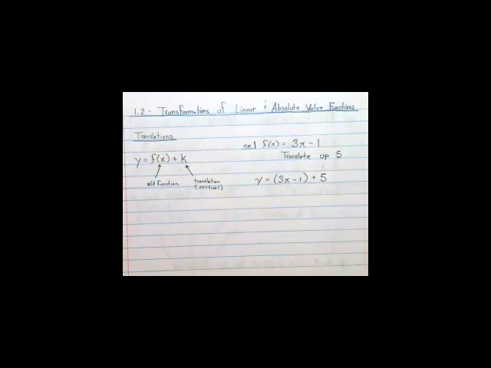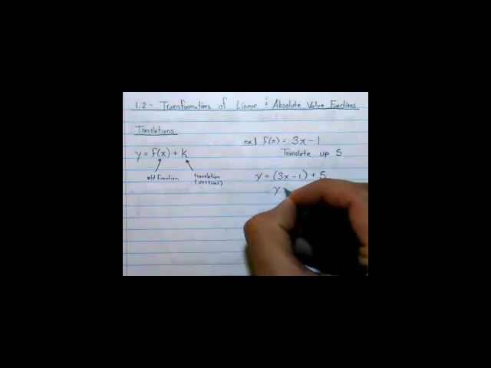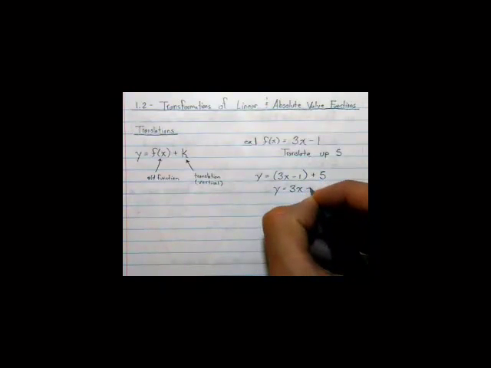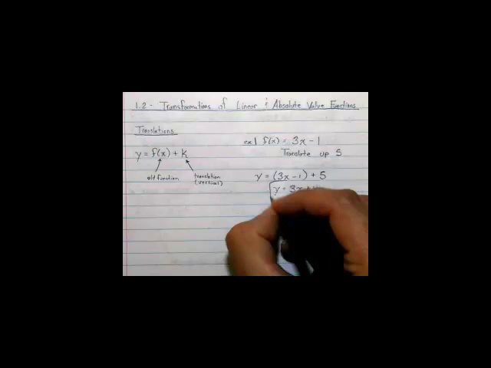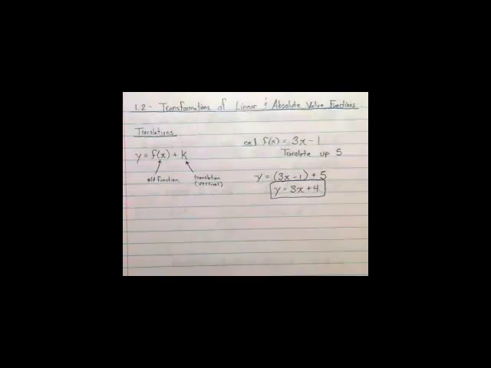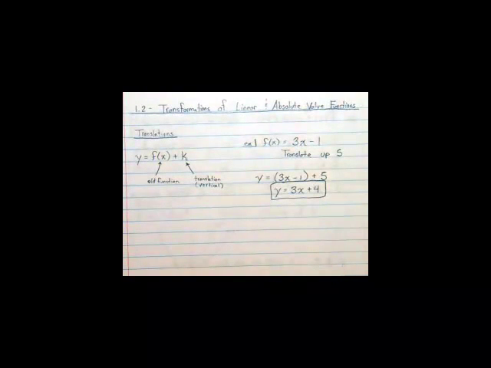And then, from there, there's a little algebra involved. I just got to simplify that equation now. Okay? So if I have 3x minus 1 plus 5, what do I end up with then? 3x plus 4. Right. And so that would be the equation of that f of x moved up 5.